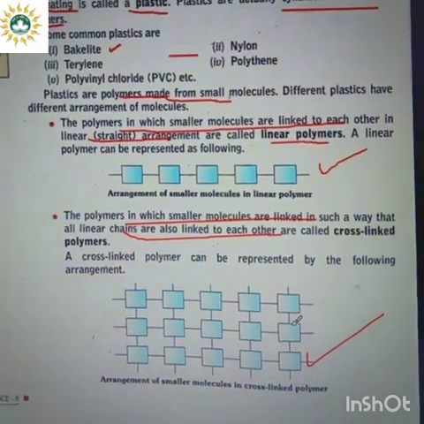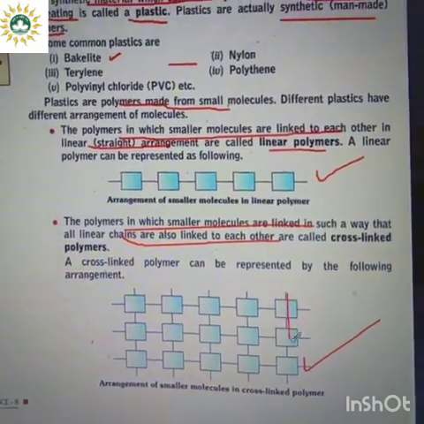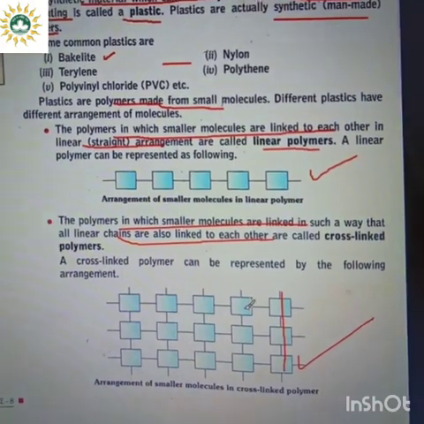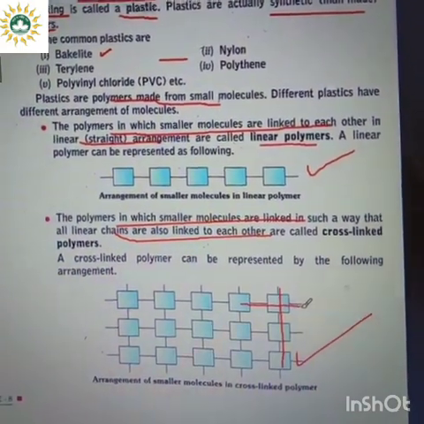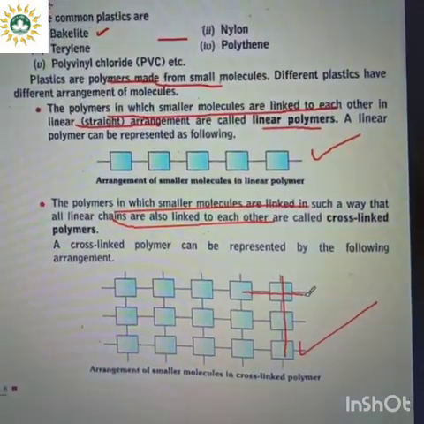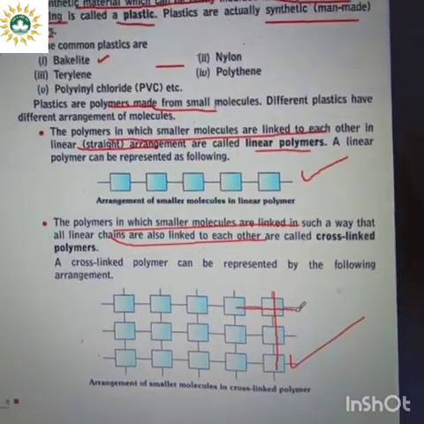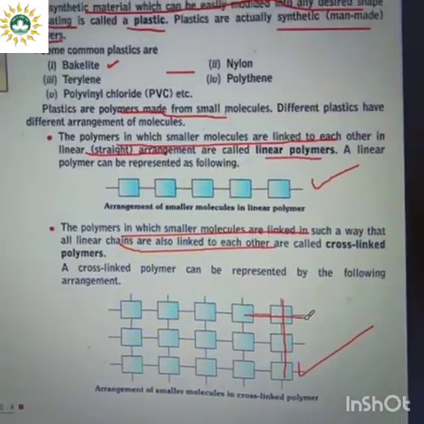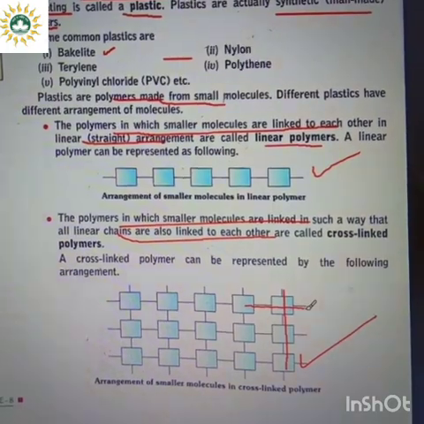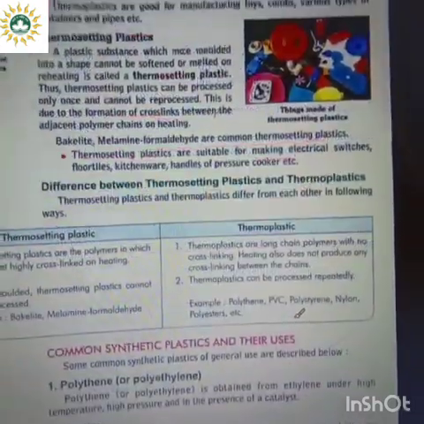See how they are linked in this way, in a vertical way and then in a horizontal way also. So they are called cross-linked polymers, as you can see in the structure here. So we have seen two types of polymer according to the arrangement.